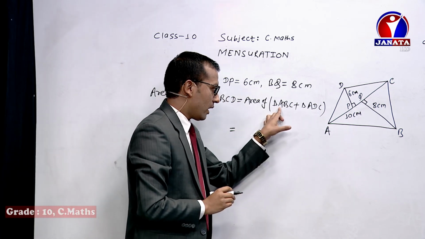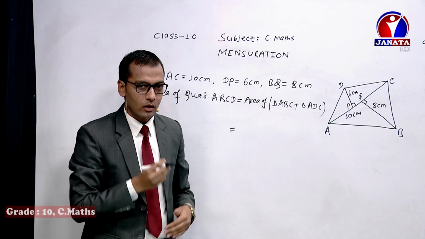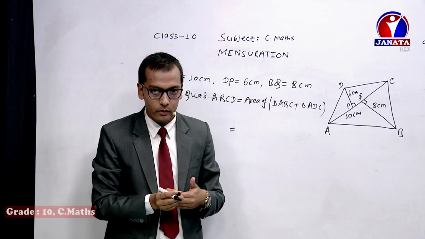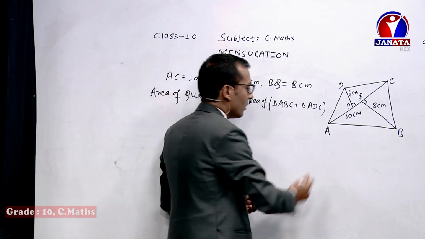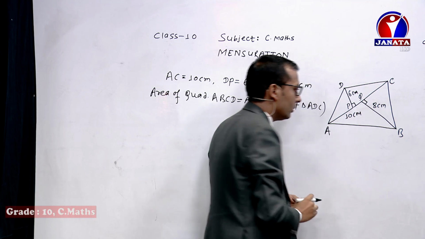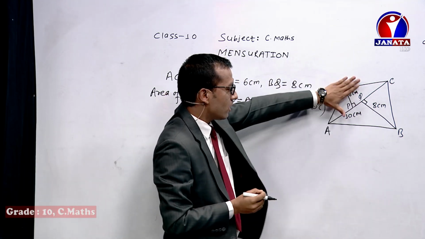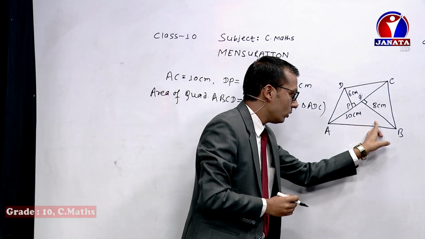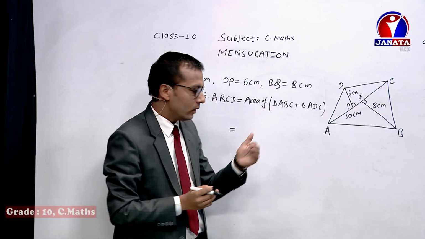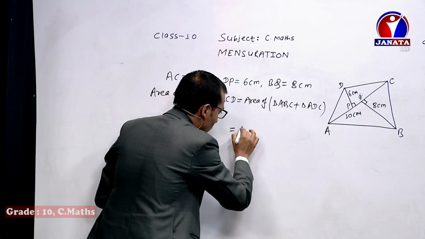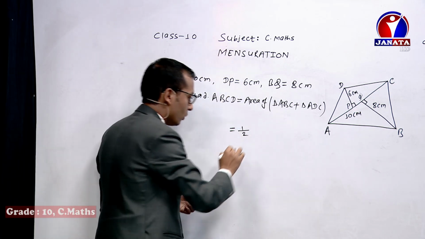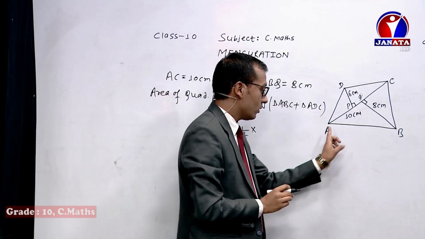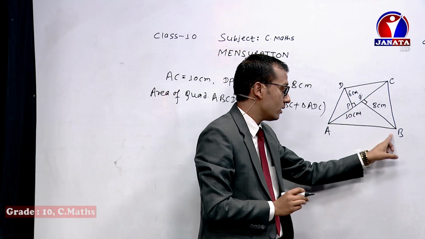For the area of triangle ABC, we know the area of a triangle is 1/2 of base times height. Just look at triangle ABC. We can cover the upper part of this figure and find the area of the lower triangle. The area of this triangle is 1/2 times base times height. AC is the base and the height is BQ.